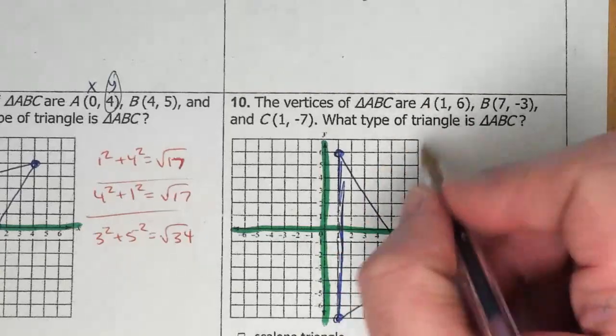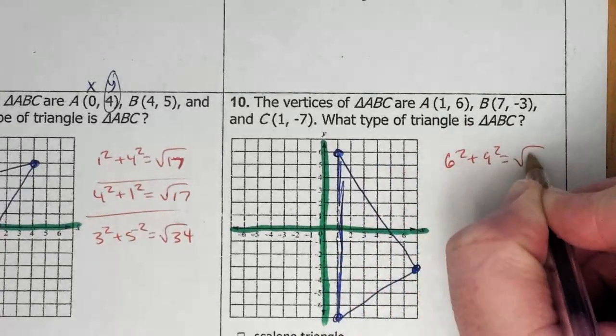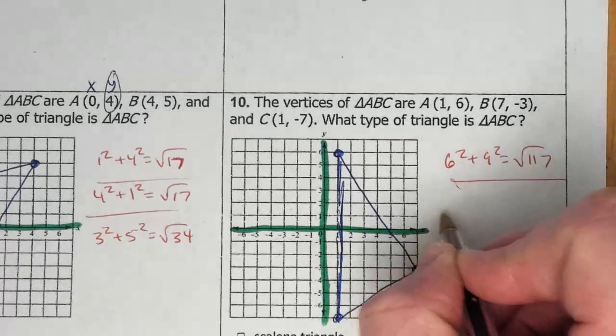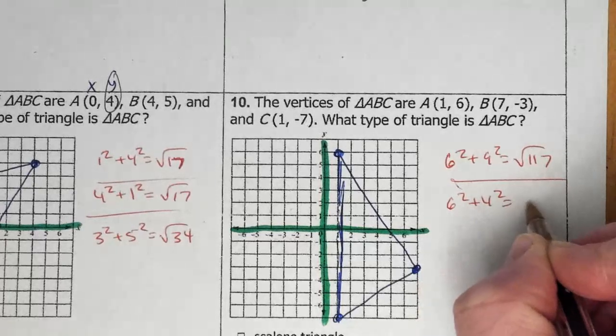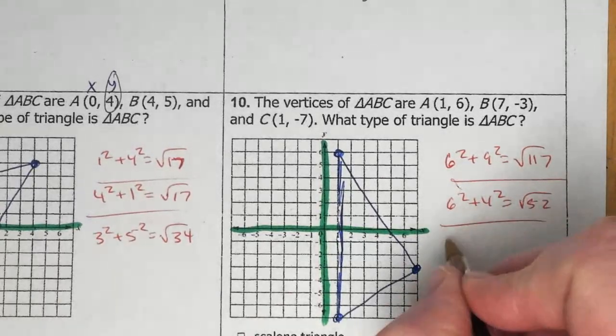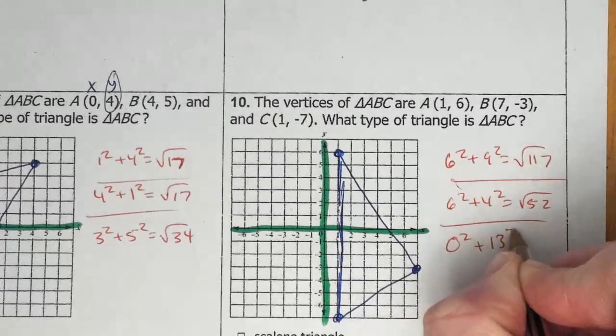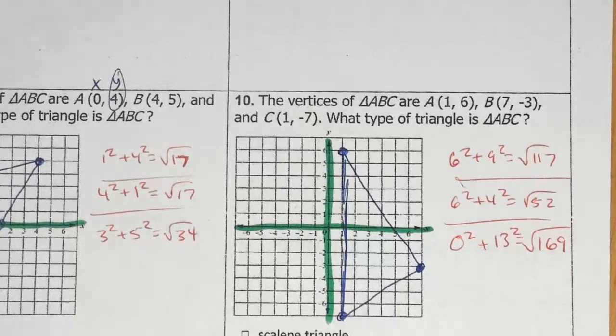For number 10, you have a 6 by 9, radical 117, a 6 by 4, which is radical 52, and a 0 by 13, which is radical 169. All right, so those are all the side lengths.